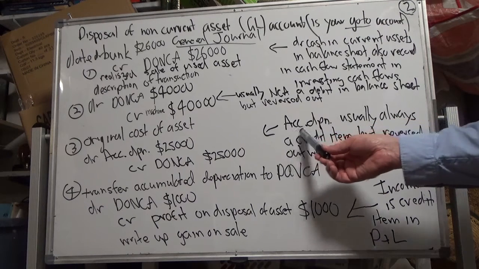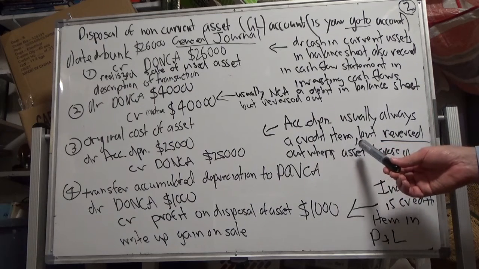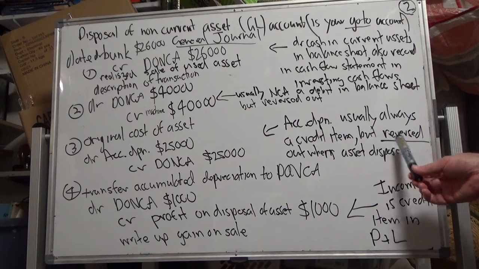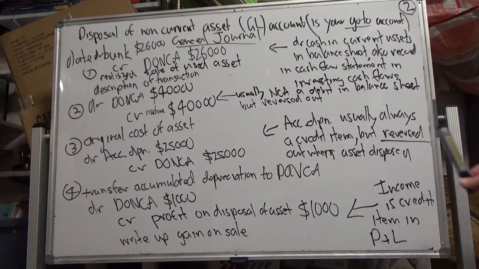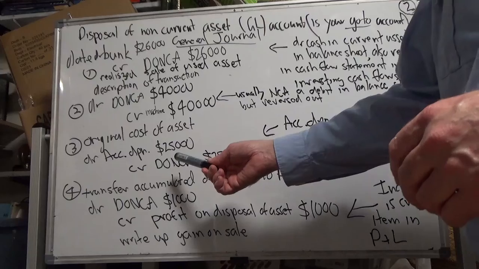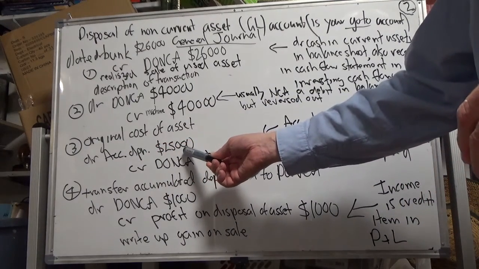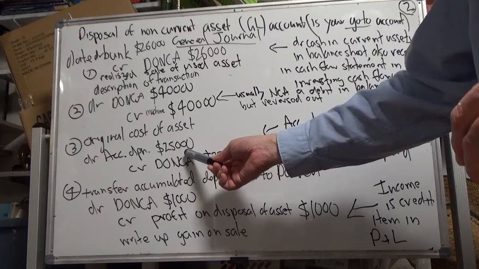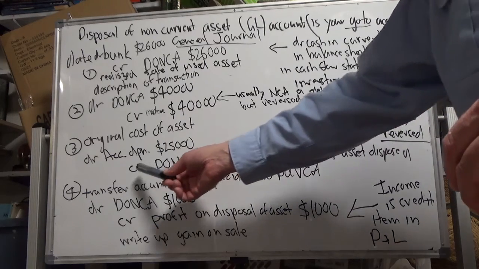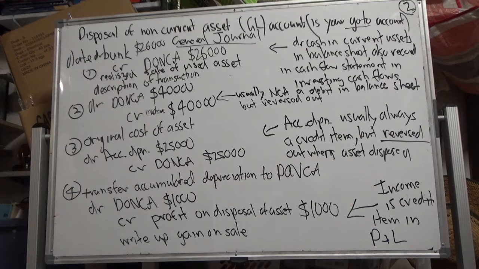Now, accumulated depreciation is usually a credit item in the working life of the asset, but when it's reversed out, something different occurs. You actually debit accumulated depreciation, 25,000. That's the total accumulated depreciation, and you credit DONCA, 25,000. Okay, so that's the third general journal entry.